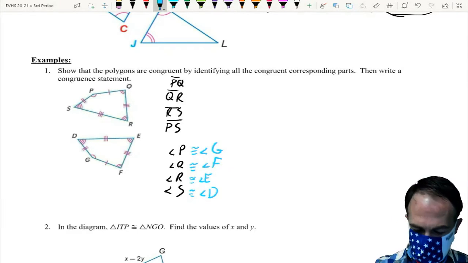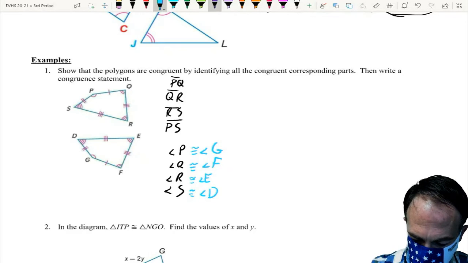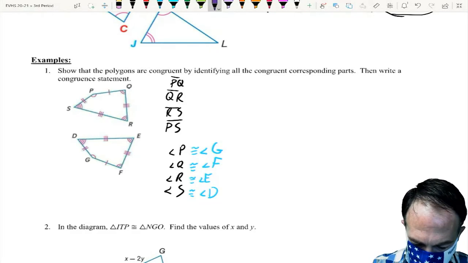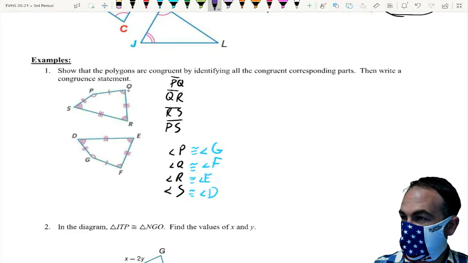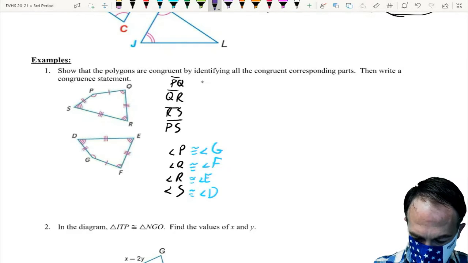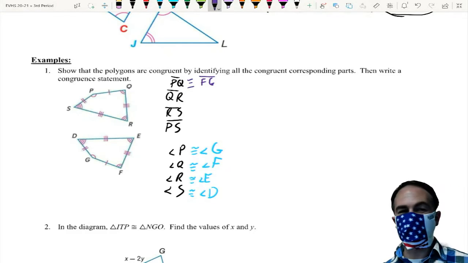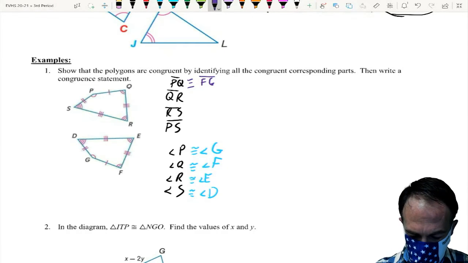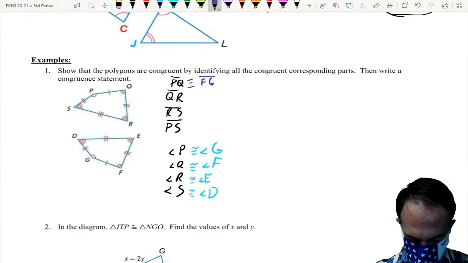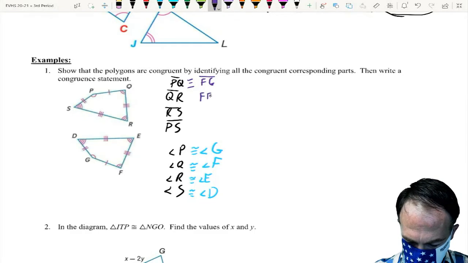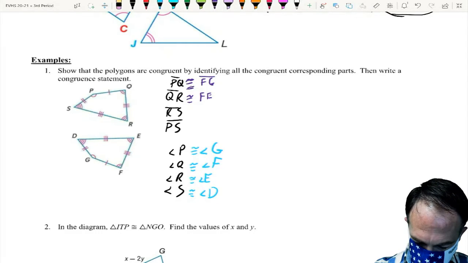Okay, now let's look at sides as well. Here we've got PQ as my 1 mark side. What is the 1 mark side on the bottom one? FG. Okay, which one is going to match with QR? QR is 3 marks. EF or FE?